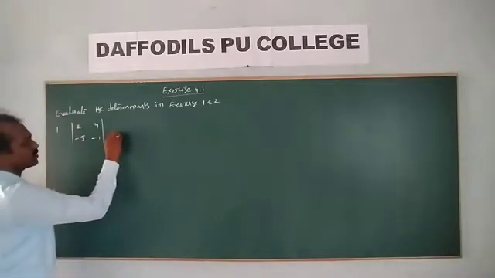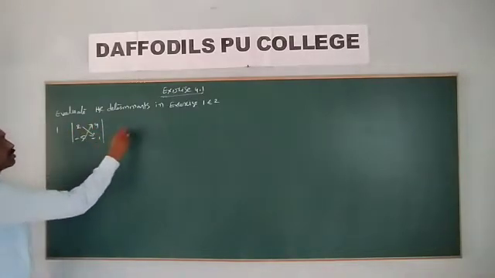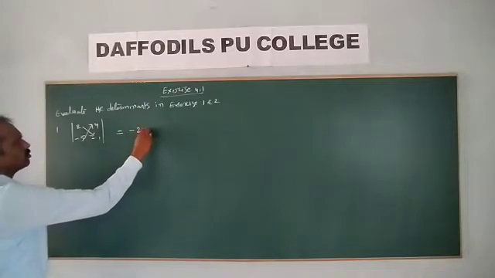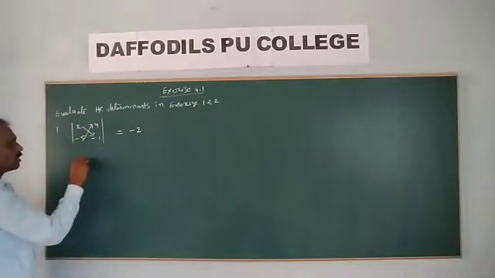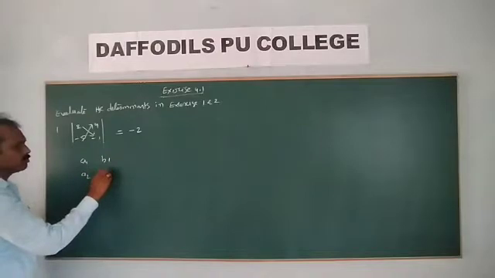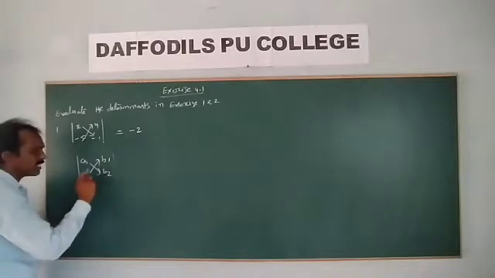How to take a 2 by 2 determinant? Suppose A1, B1, A2, B2. What is this determinant's answer? A1 B2 minus A2 B1.